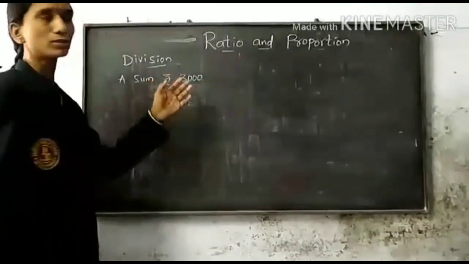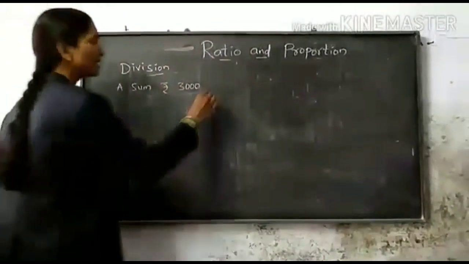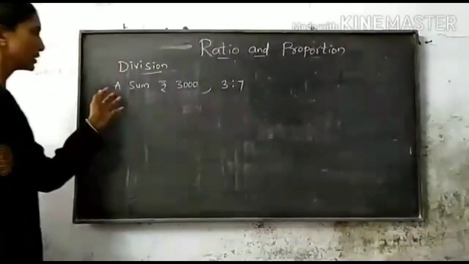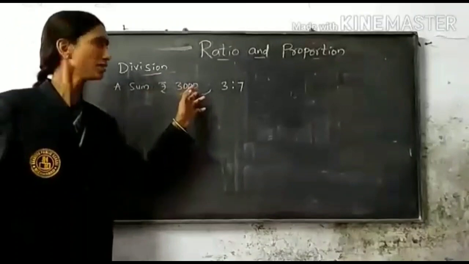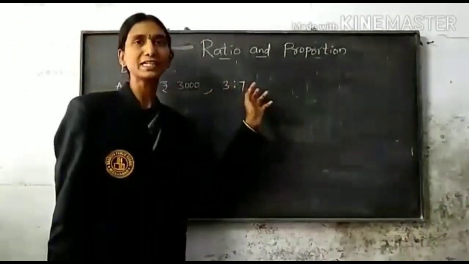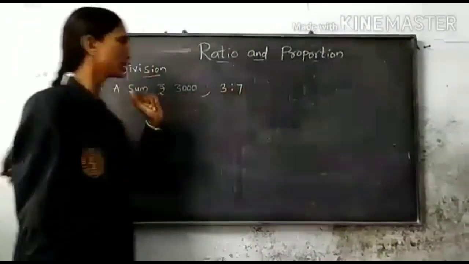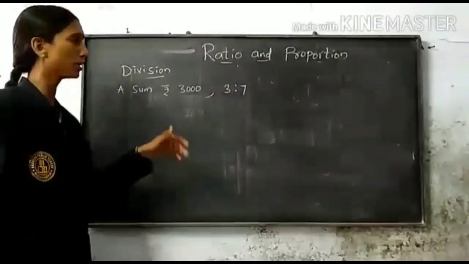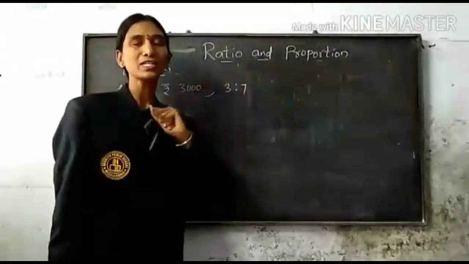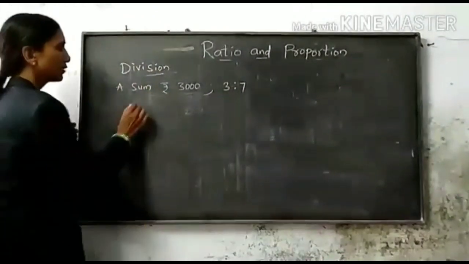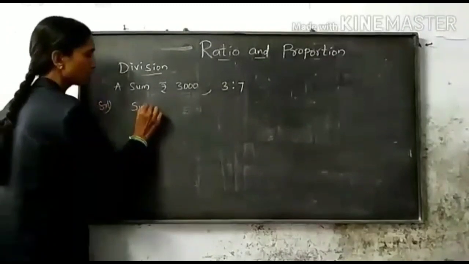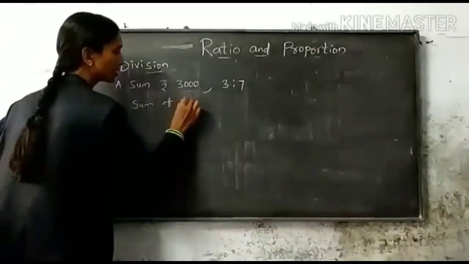This amount is shared by two members in the ratio 3:7. So we have to find how much the first person got and how much the second person got. For this, we have to find the sum of the ratio.